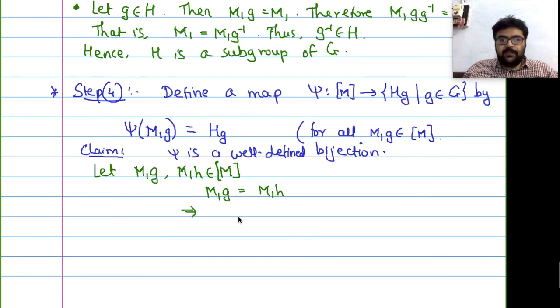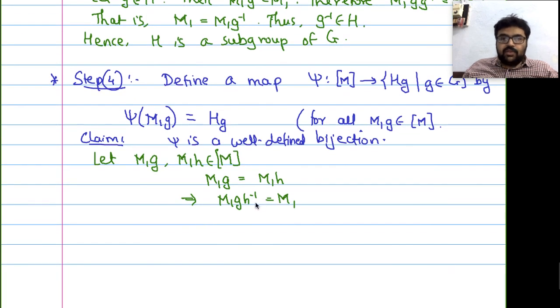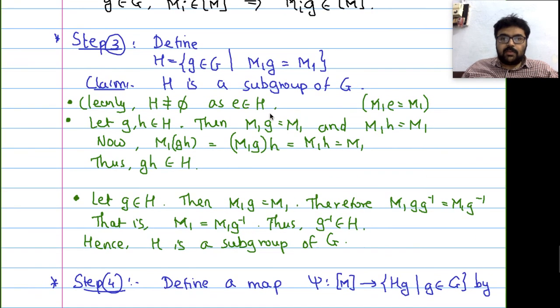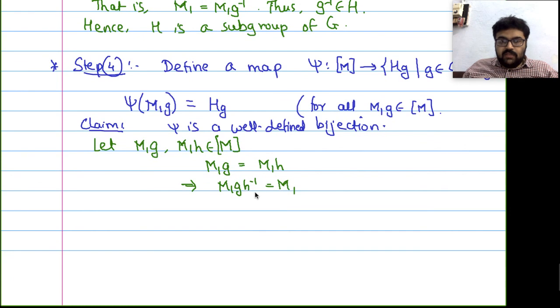This implies m1gh inverse equals m1. But what is the definition of H? We have just proved that H is a subgroup. m1g equals m1, such g will belong to H. So here m1gh inverse equals m1.